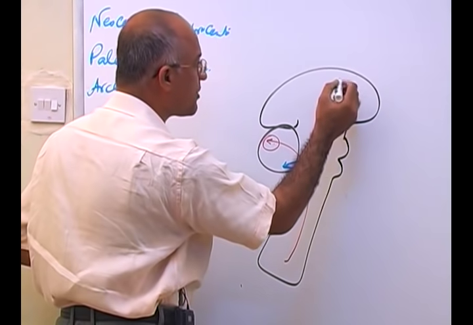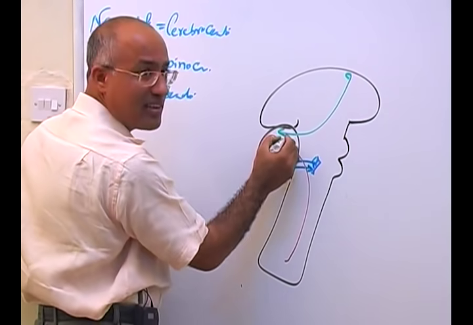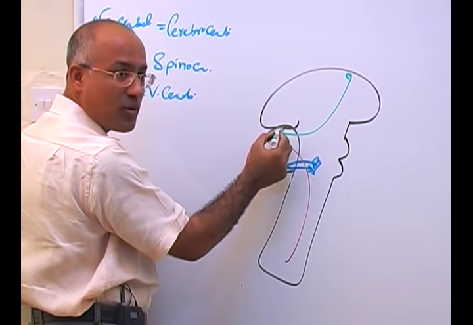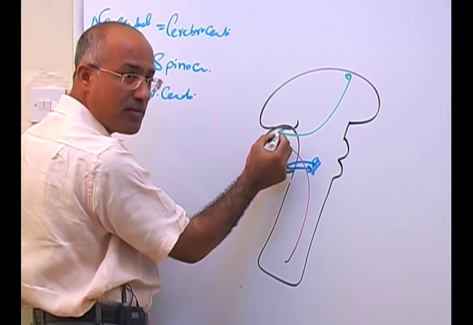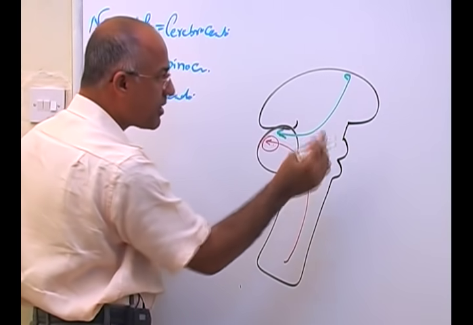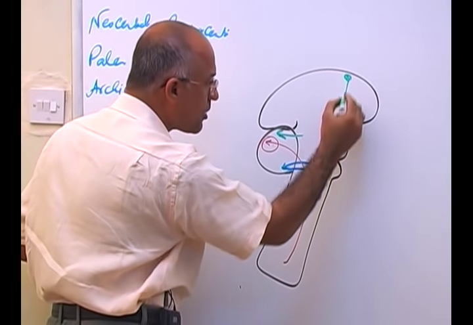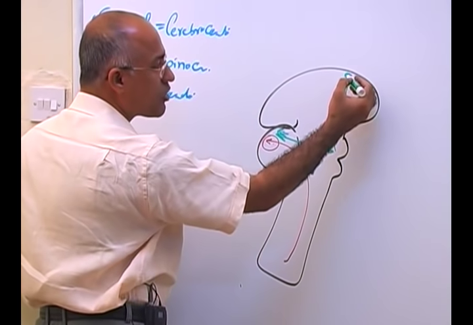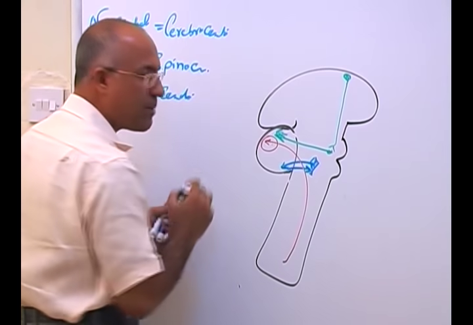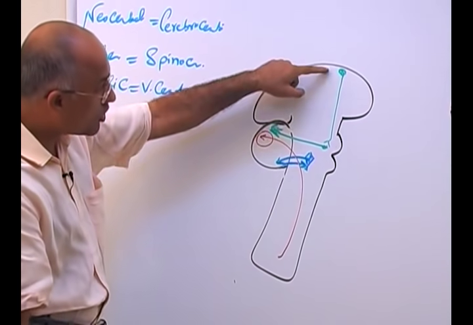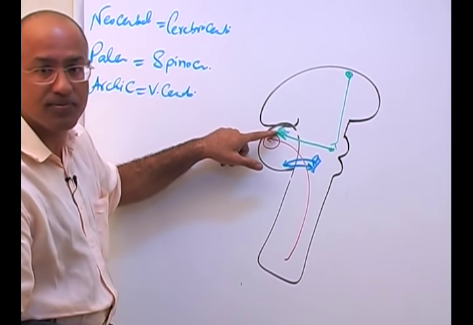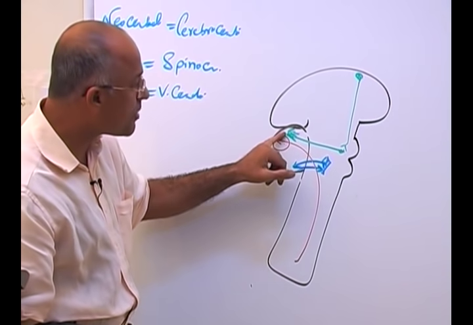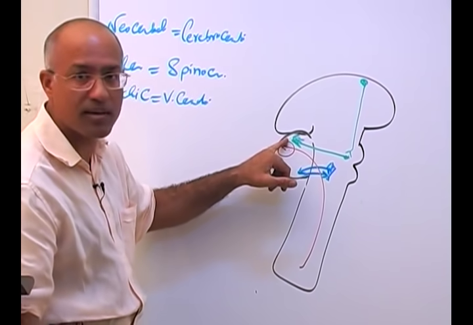Some fibers come from the top, and the part they connect with is the cerebrocerebellum. These fibers first come to the pons, and from the pons the fibers go inside, so we also call them the cortico-pontocerebellar pathway. This is called the cerebrocerebellum or pontocerebellum.